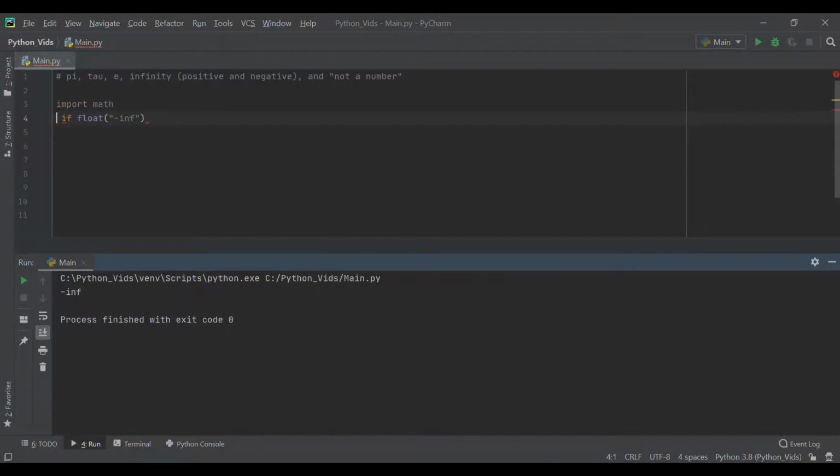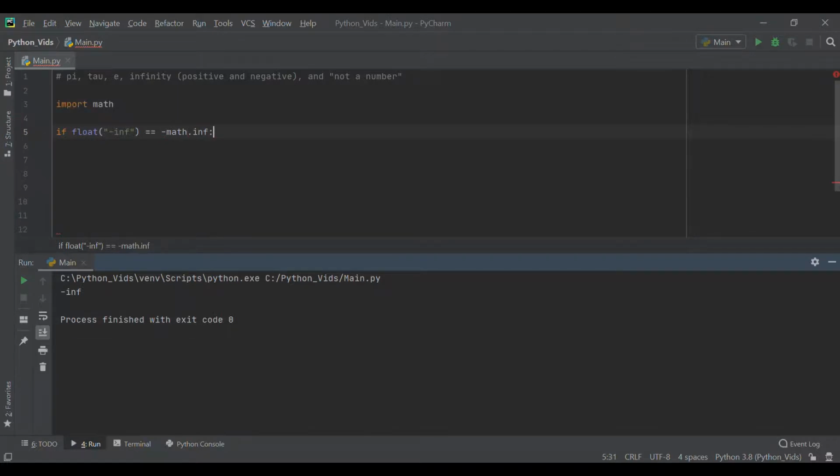If float of negative infinity is equal to float, oh no, I'm sorry. Is float negative infinity going to be equal to negative math dot inf?